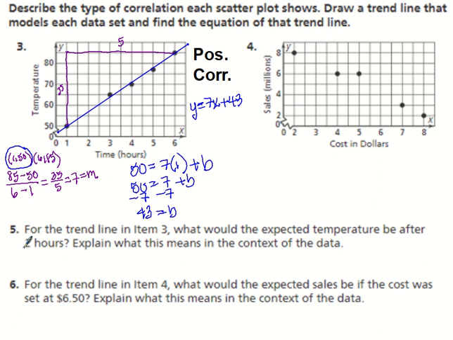We know it's at 2 hours. We know the x is 2. So you actually could plug it in and go y equals 7 times 2 plus 43. All right, we can figure that out. So we get 14 plus 43, and we would say it's 57 degrees. Okay, so that's another way.